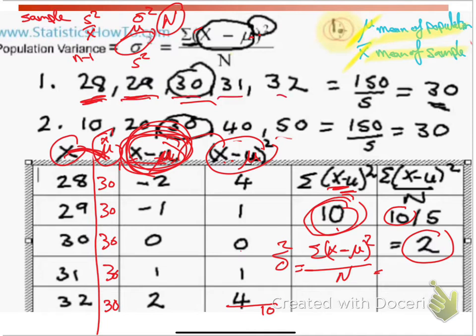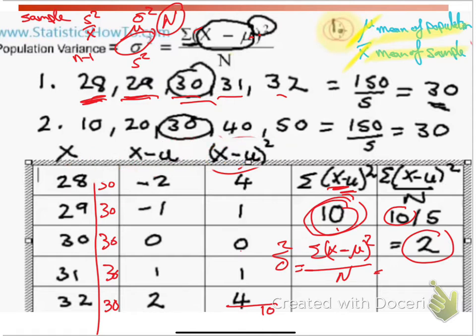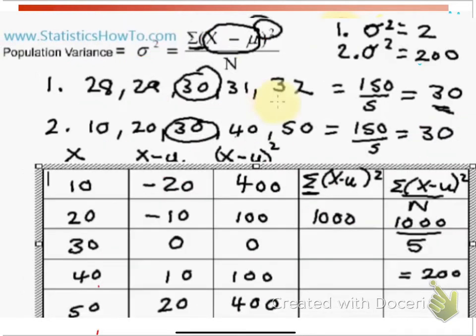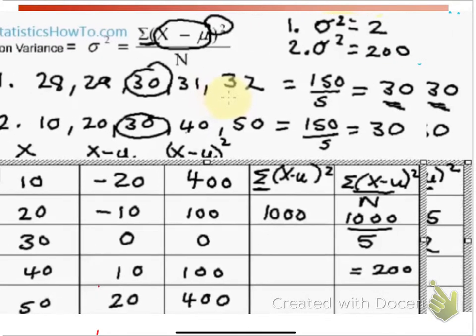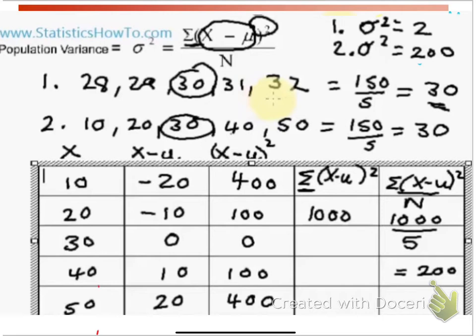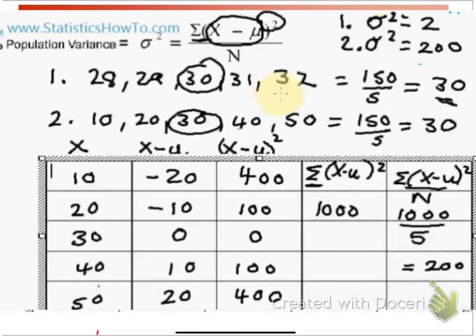Let us do the same thing for the second example, which is 10, 20, 30, 40, 50, and their mean or average is the same. Let us see how their variance is, how they are varying from the mean. Sigma square was 2 in the previous example.